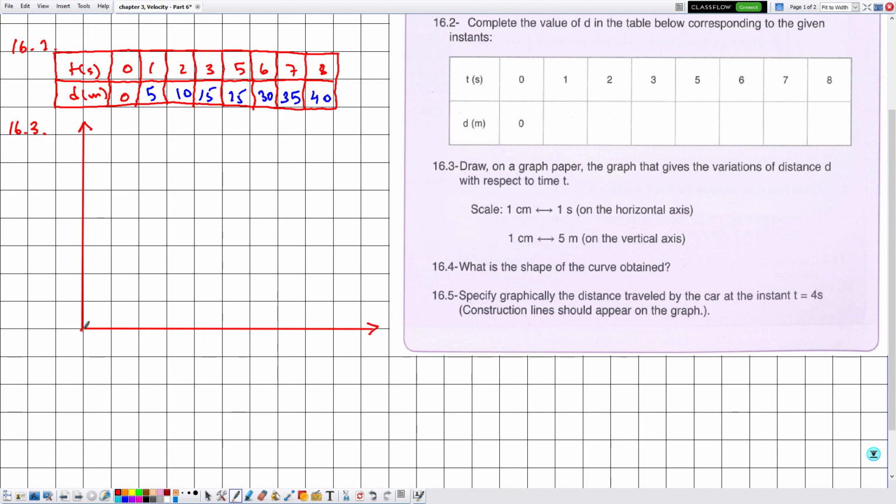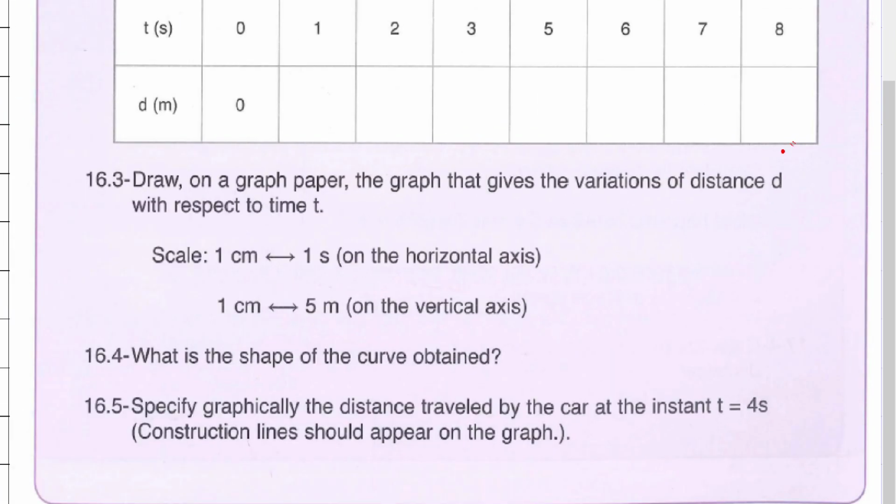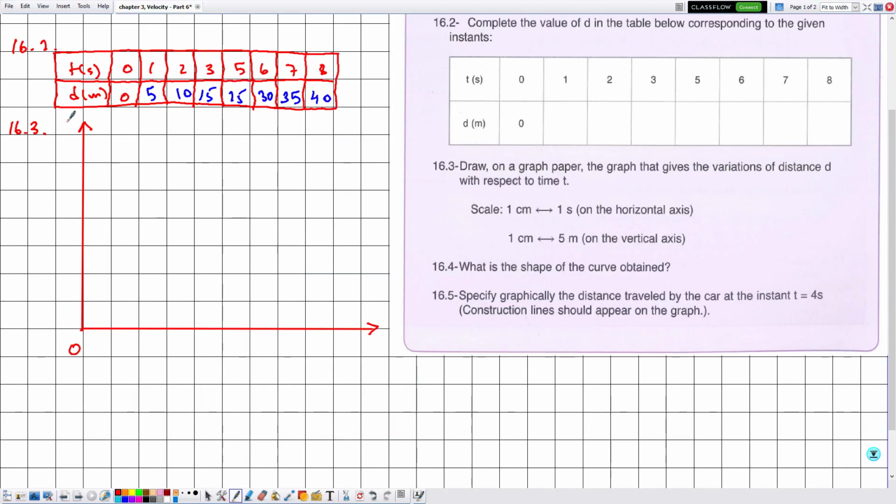Then this is the origin O. The first step is to label these axes by physical quantities. We have two variables, the distance d and the time t. The first one that comes after the variation will be represented on the y-axis. So this is d in meters and this is t in seconds.